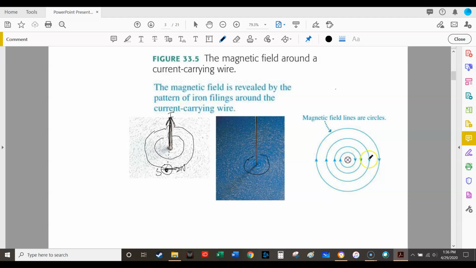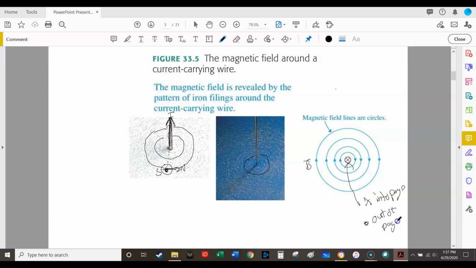These are the magnetic field lines in blue. Notice that they're counterclockwise. Well, this X refers to into the page, and a dot will refer to out of the page.